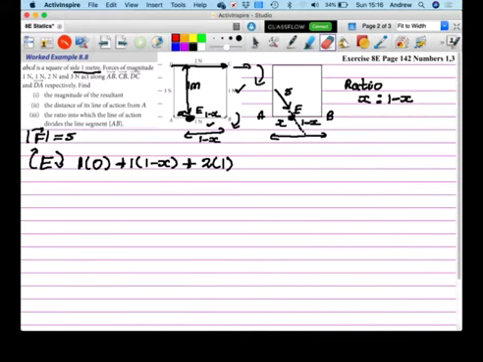I'll give you a few minutes to study it because I'm about to rub that out, because all it's going to do is make everything else a little bit unclear. And now what we have here is we are going to take moments about A for the force DA.